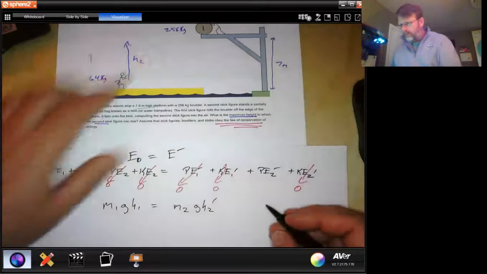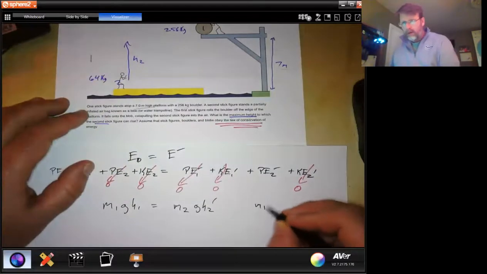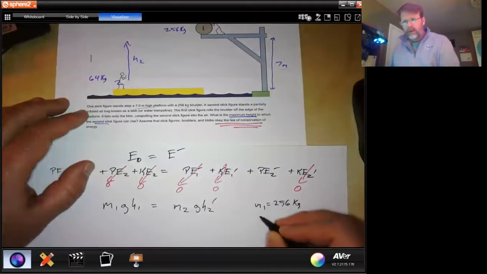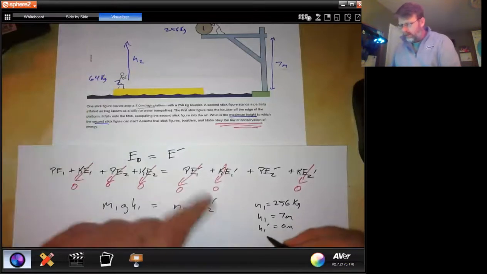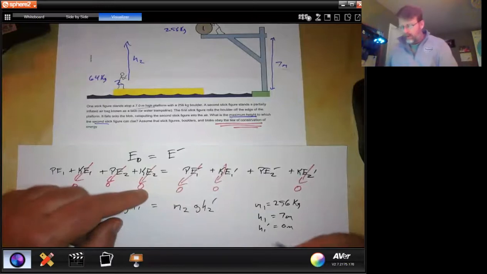So remember from up here, M1 was the 256 kilograms. H1 was 7 meters. H1 prime, 0 meters, which is why some of these things zero out. M2, 64 kilograms.